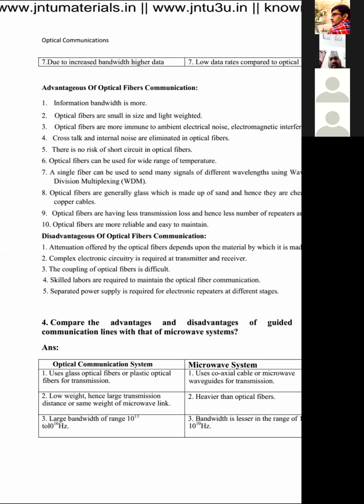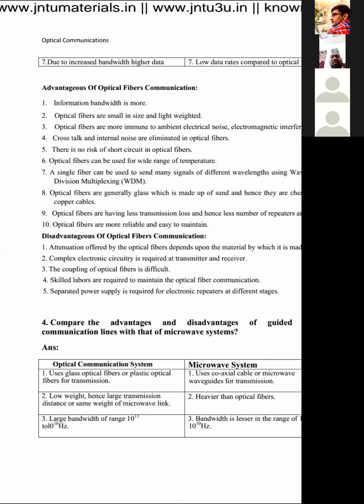But microwave systems are made using coaxial cables or waveguides. I repeat, optical fibers are made up of either glass or plastic, whereas microwave systems use coaxial cables or microwave waveguides for transmission of signals.